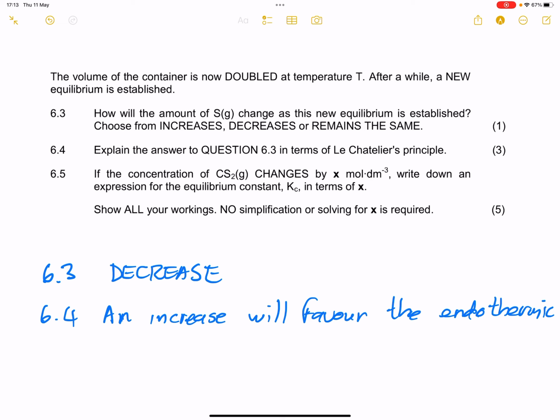Endothermic reaction. The forward reaction is endothermic.